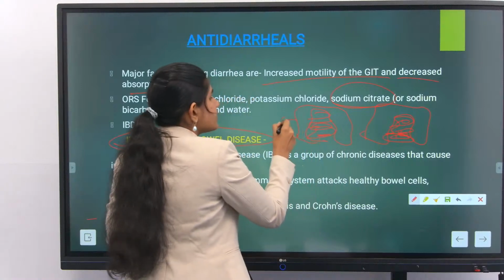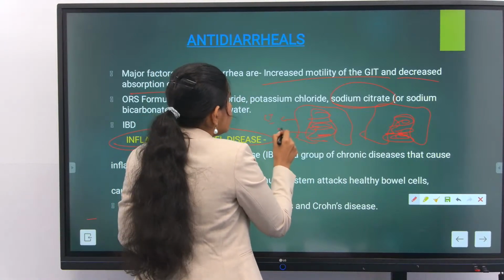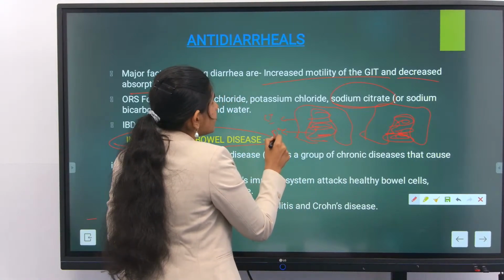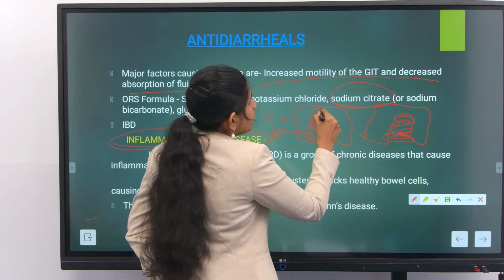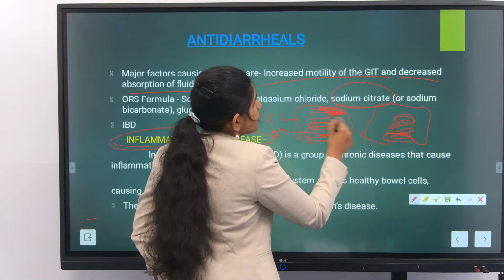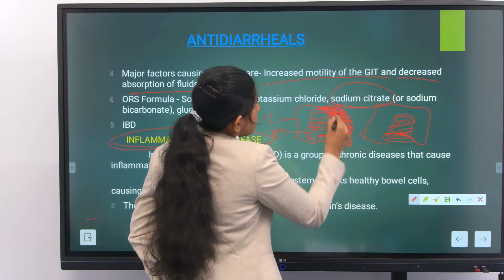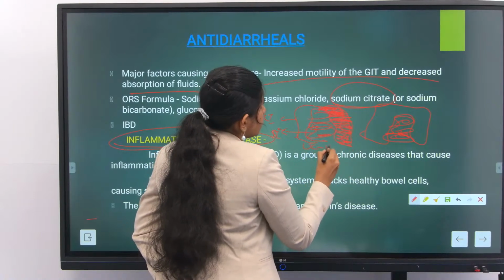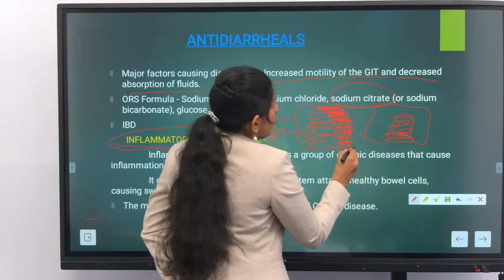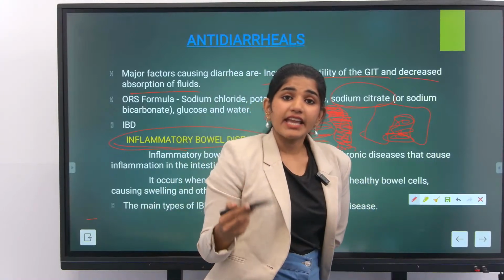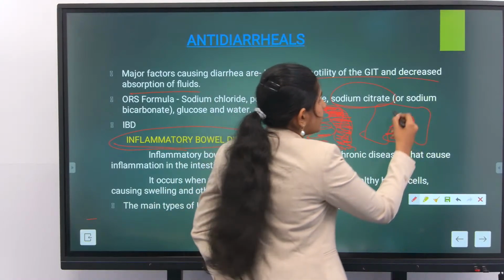Suppose this is the large intestine and this is the small intestine. In ulcerative colitis, there will be a uniform inflammation. Ulcerative colitis means uniform inflammation. When it is a case of Crohn's disease, what is happening?